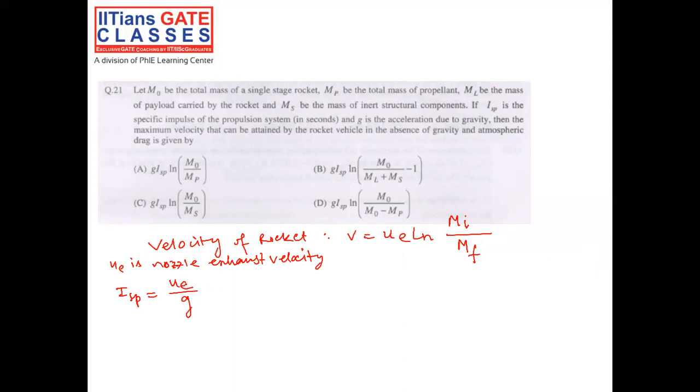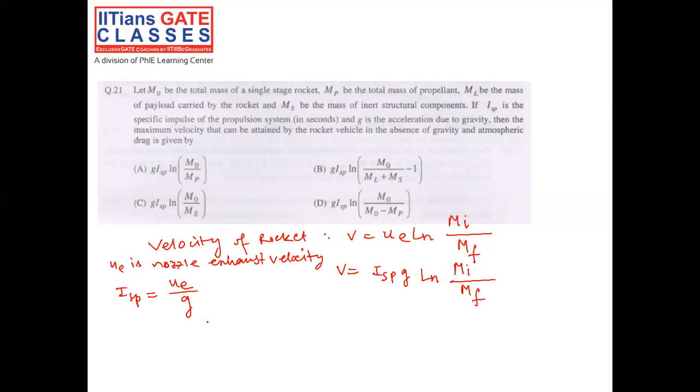That is the nozzle exhaust velocity and gravitational constant. So in this equation, you can substitute ue as Isp times g multiplied by ln of the initial mass of the rocket divided by the final mass of the rocket.